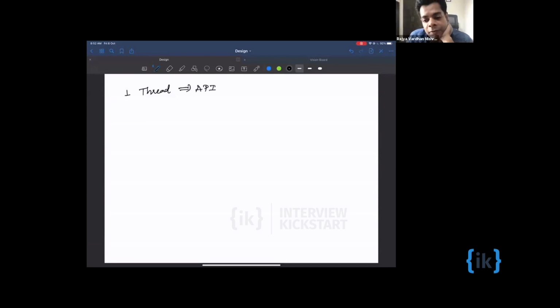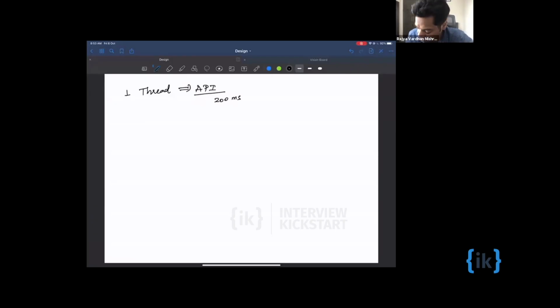At a time, this thread is going to serve one API. And let's say it takes 200 milliseconds to serve one API, right?